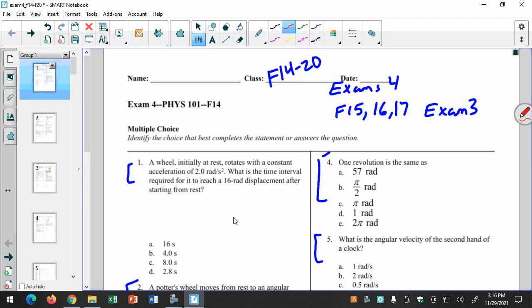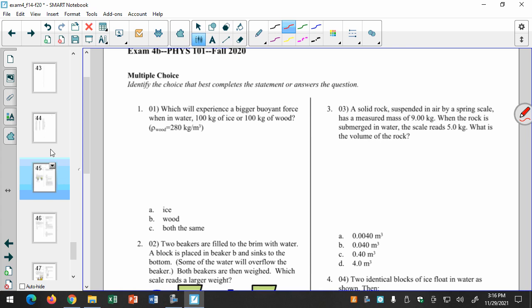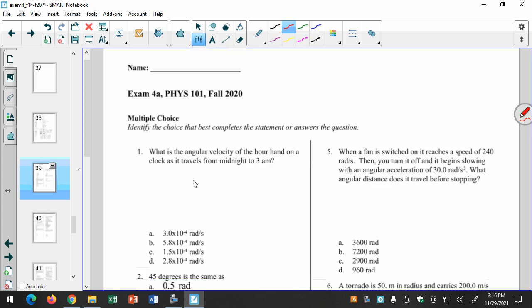Yeah, there are lots of different variations of these. If you know the unit circle, 0, pi over 2, pi, 3 pi over 2, and 2 pi.